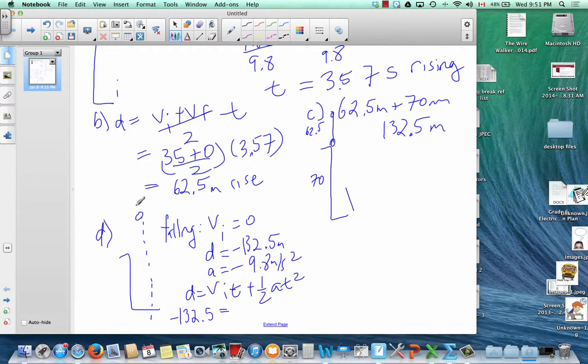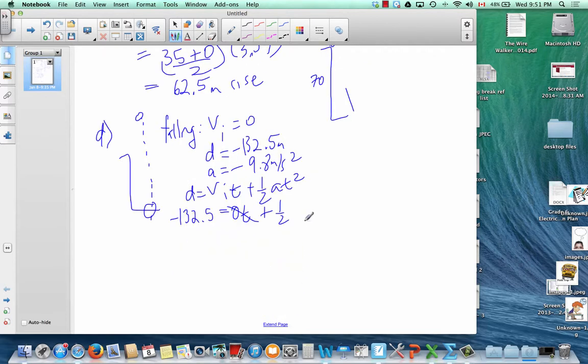The initial speed, our initial point is up here at the top, so it's momentarily at rest, so that's 0. And 0 times t is just 0, so that term disappears. The acceleration is downwards 9.8. Now half of downwards 9.8 is downwards 4.9.